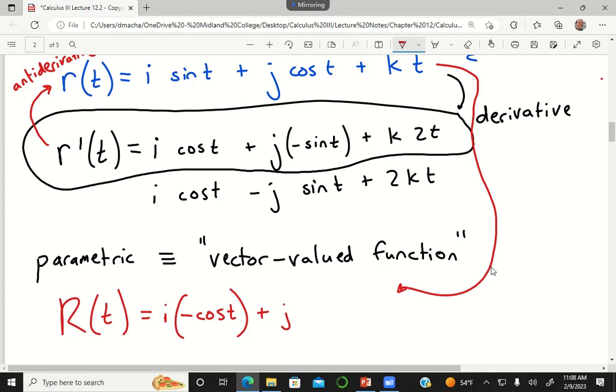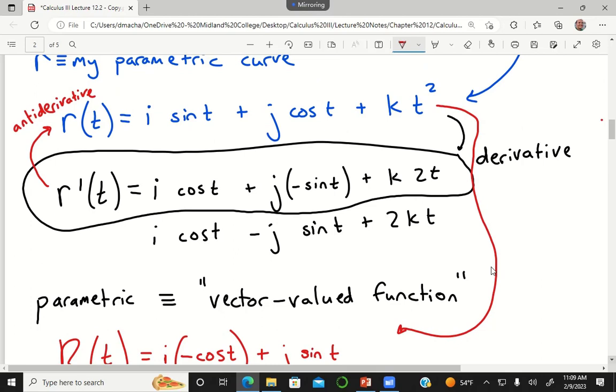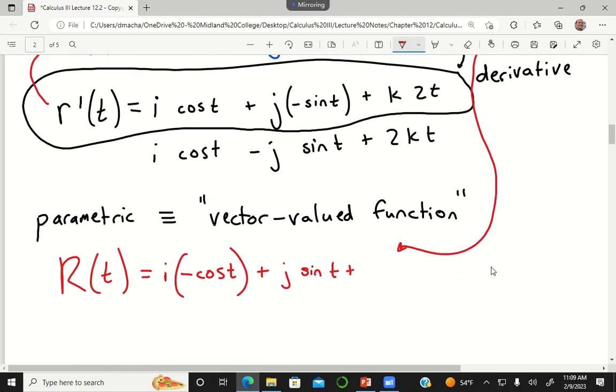Yeah, so antiderivative of cosine is sine, and then that should be kt squared, so the antiderivative of that last term is kt cubed over 3. Yeah, perfect. So now you're already experts. You already know how to take the derivative and antiderivative of a vector valued function.